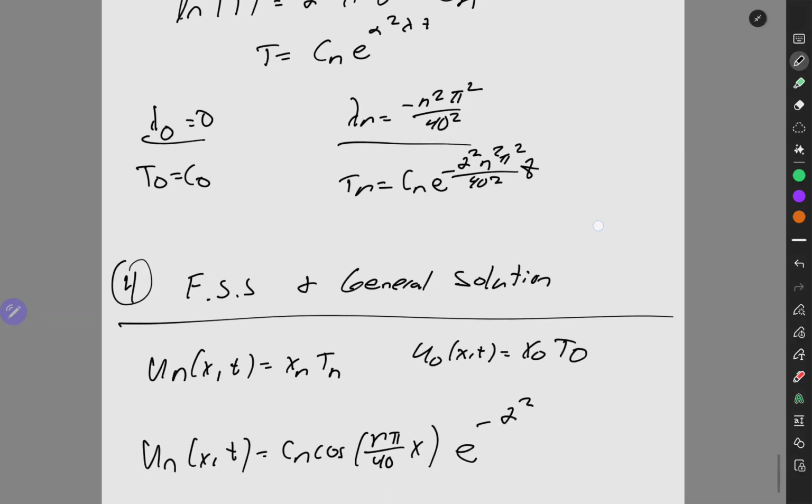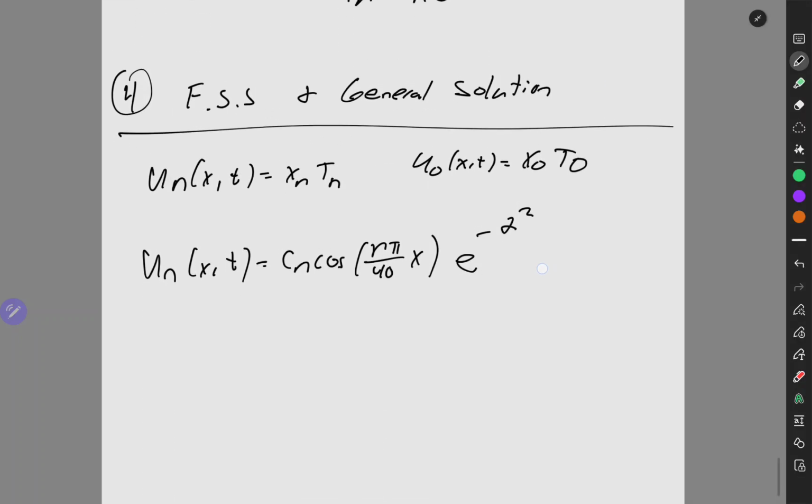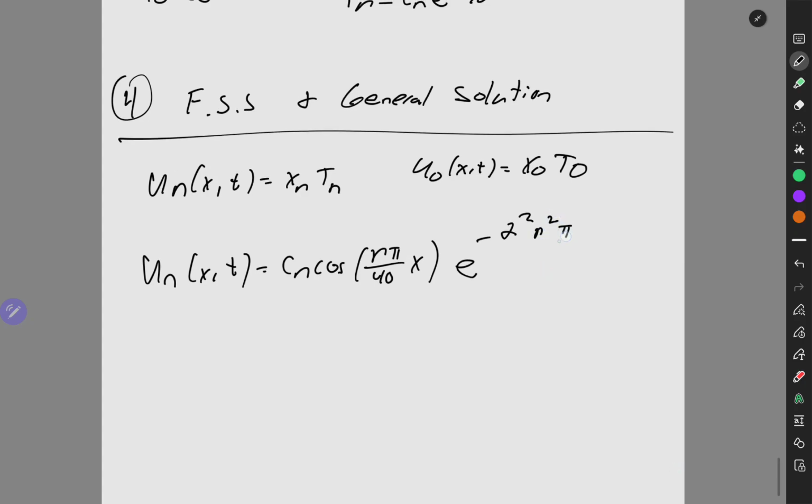Okay. Negative alpha squared, n squared, pi squared over 40 squared. Okay. Now what? Well, we also have this one.